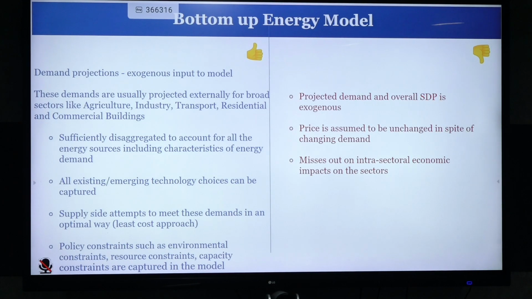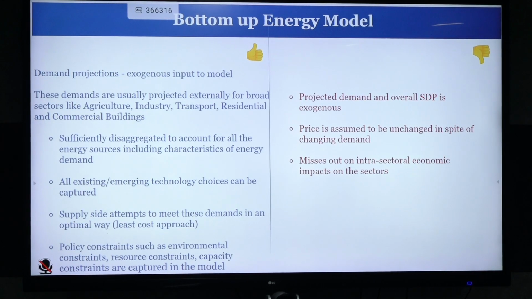Now when you consider some technology over a 20 year period, the technology price will change. Price will matter definitely over a long period. For 4 or 5 years, a short period, it is fine. But for 10 or 20 years, price matters, as you understand. Also, the intersectoral economic impacts on the sectors are missed out and not captured.